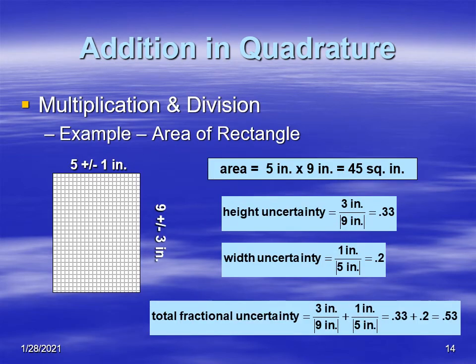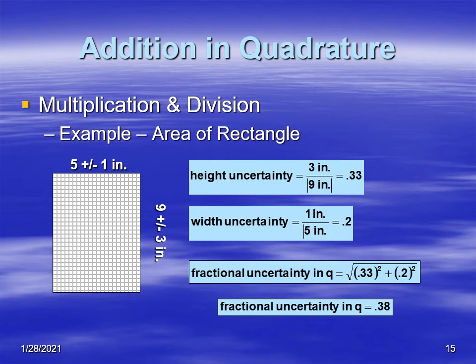Here's the example we had last time when we were talking about systematic errors. Remember that we took the fractional uncertainties last time, added them up, and we got a fractional uncertainty of 0.53, or about 53%. If we do it in quadrature, then we would take the fractional uncertainties of each measurement, 3 divided by 9, which is 0.33, 1 divided by 5, which is 0.2, and instead of just adding those, we're going to square them first, and then add them, and then take the square root.